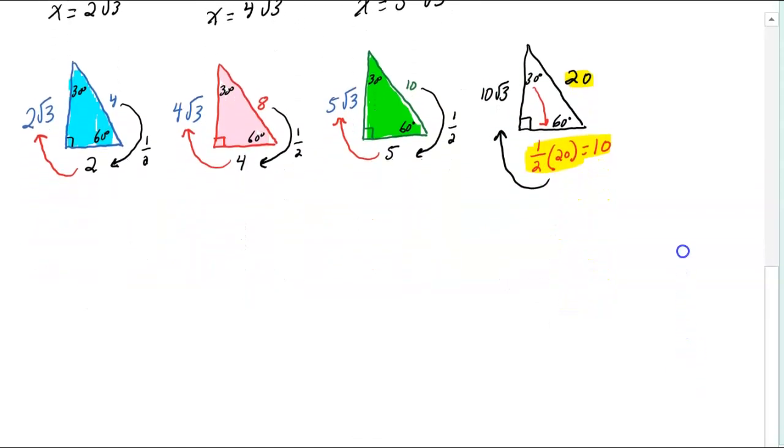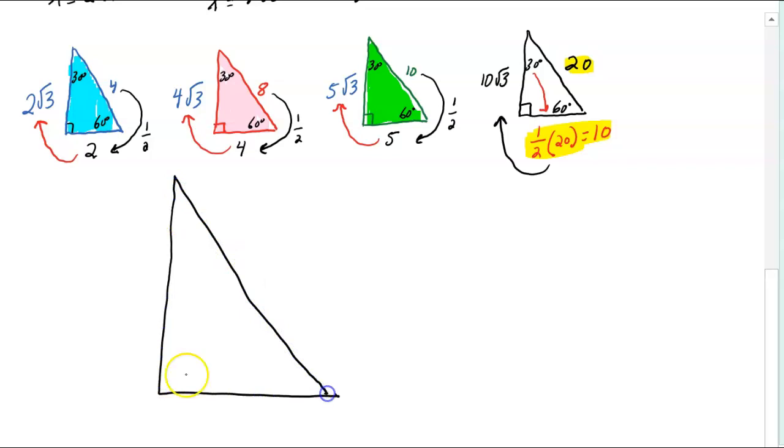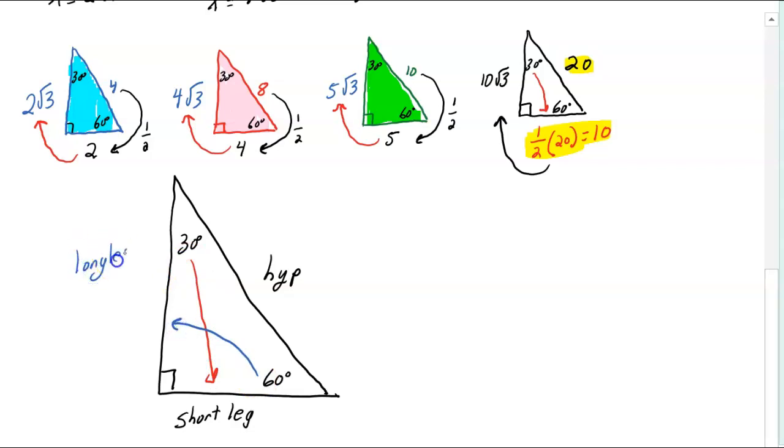So let's summarize the relationships. So I'm going to draw this nice and large. So when we have a 30, 60, 90, we have the hypotenuse, we have the short leg is across from the 30, the long leg is across from the 60.